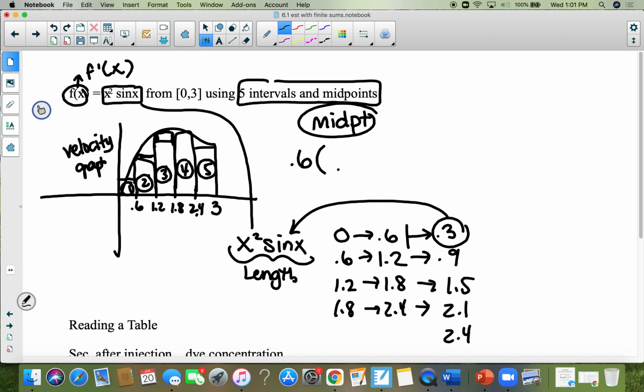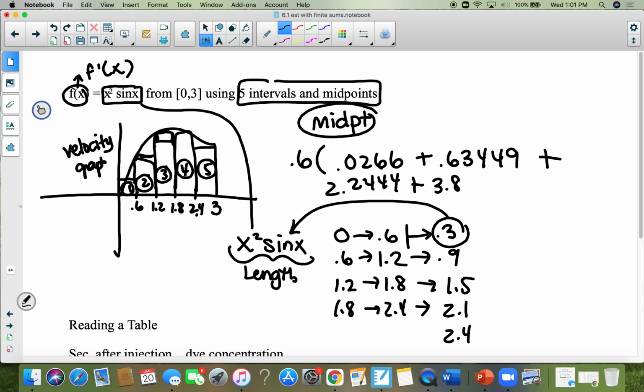And it's going to end up being 0.0266 when you plug 0.3 in. When you plug 0.9 in, it's going to be 0.63449. And you plug 1.5 in, you're going to get 2.2444 plus 3.8068 plus 3.1156, which equals 5.897. That's if you did the midpoint.